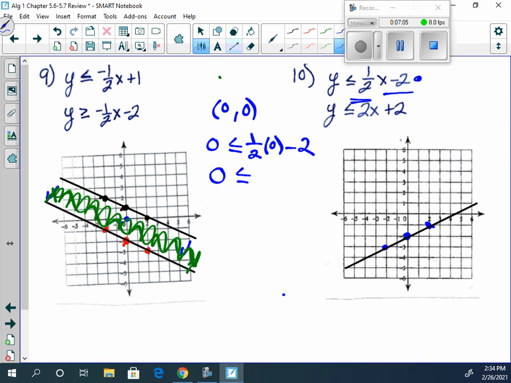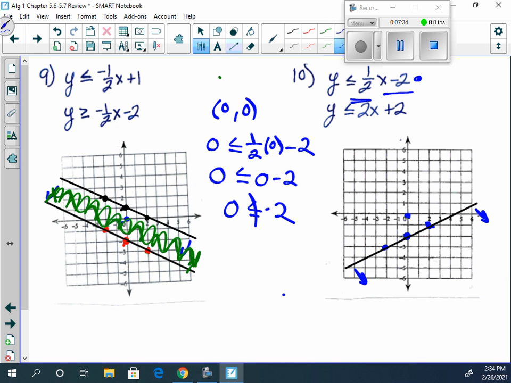Well, 1/2 times 0 is going to be 0, and 0 minus 2 is -2. So 0 less than or equal to -2? No, it's not. So since the point 0, 0 is here, we wouldn't shade towards it, we would shade away. We would shade the side that does not have the point 0, 0.